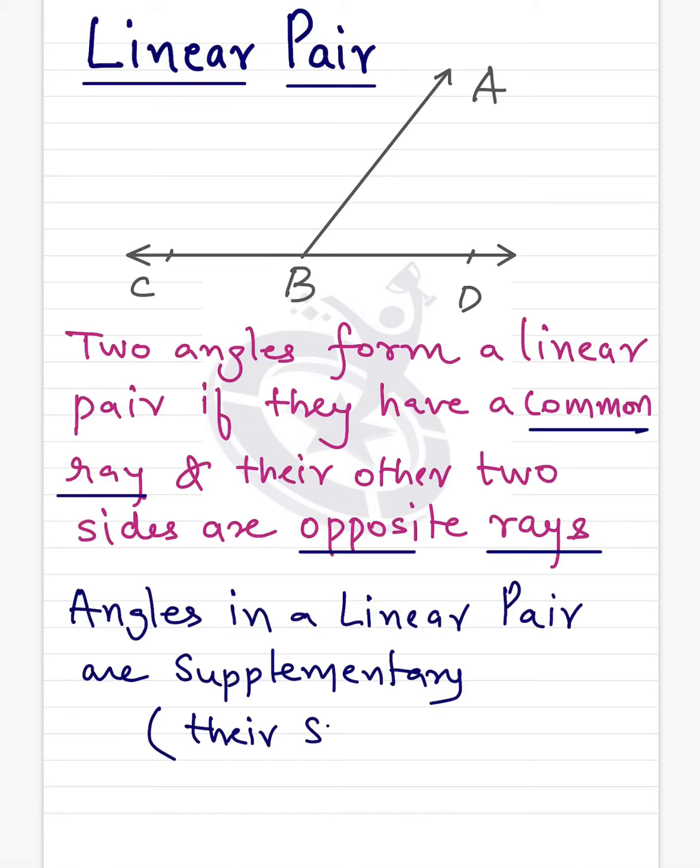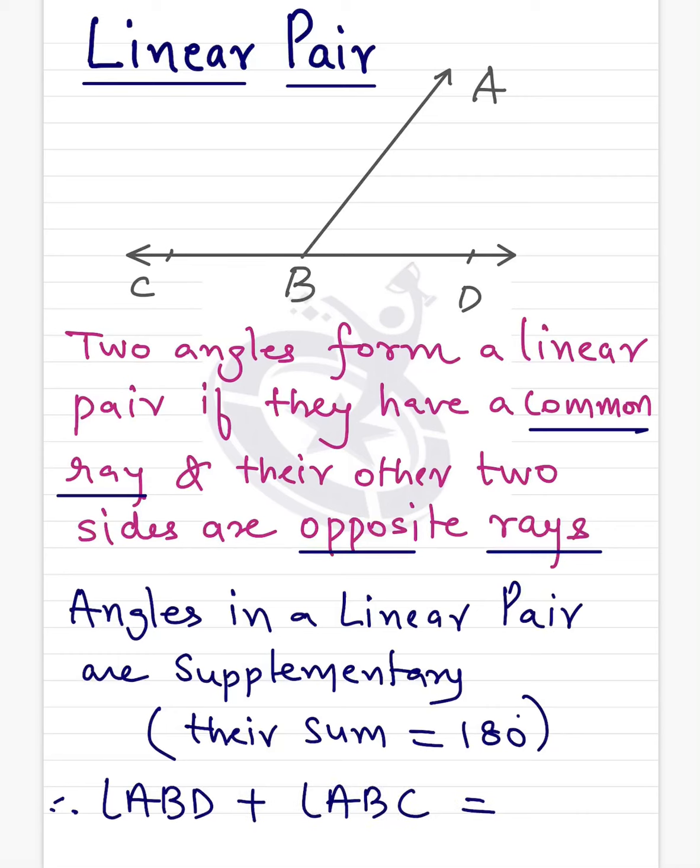Okay, so you can say the sum is equal to 180 degrees. So in this diagram you can say angle ABD plus angle ABC is equal to 180 degrees. So if two angles are in a linear pair, the sum is equal to 180 degrees. Clear? So this property we're going to use in a sum as well as a theorem in the next part.